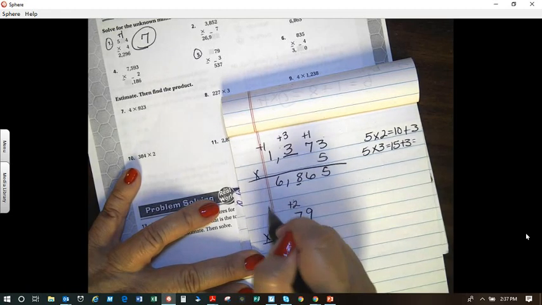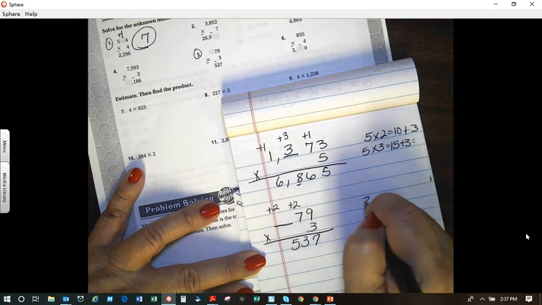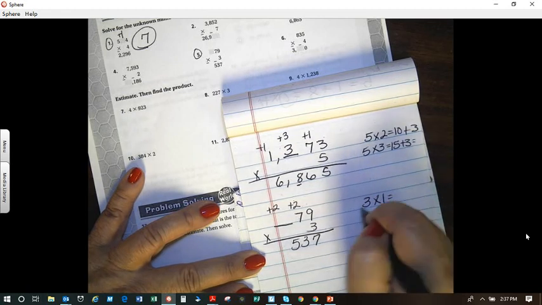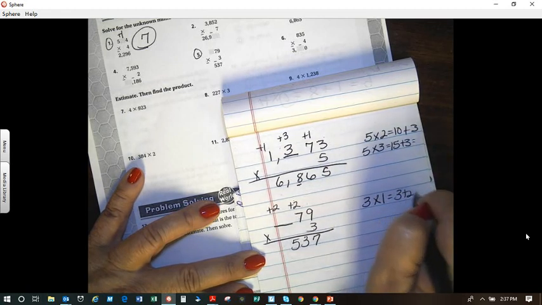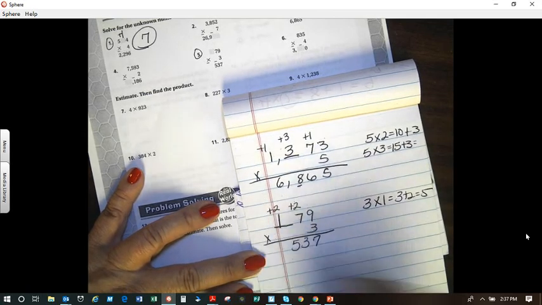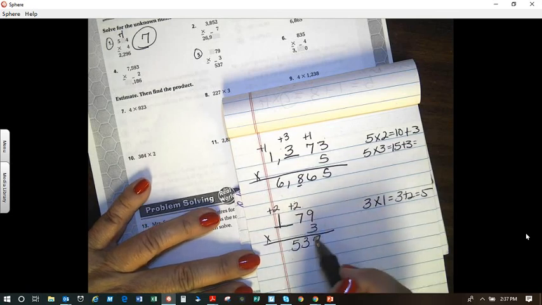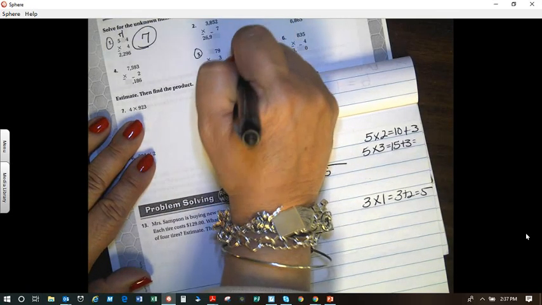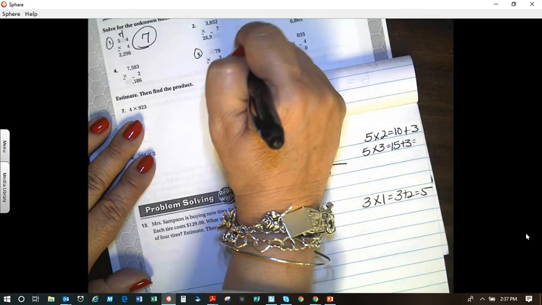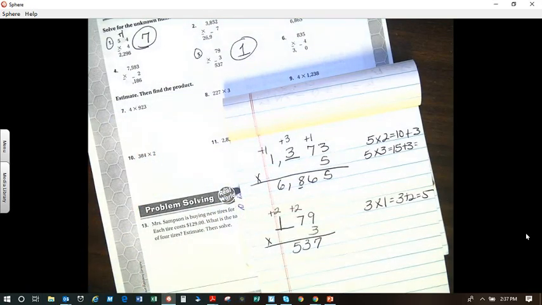Regroup my 2. 3 times what plus 2 will give me 5? Well, let's start with 1. 3 times 1 is 3, plus 2, what does it give me? 5, so the answer is 1. So the unknown number is 1. Okay, so that is the way that one worked.